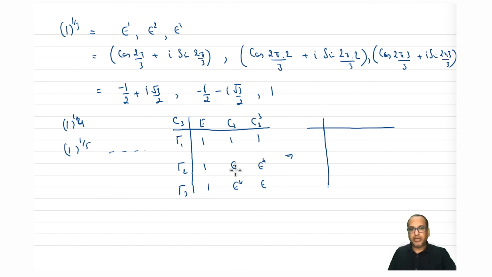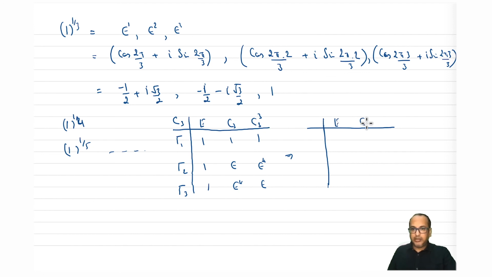Because now here I can write it as epsilon, epsilon square, epsilon cube. Now epsilon cube will be equal to 1, epsilon square will be equal to epsilon star, and epsilon will remain as epsilon. So this is now very easy. So given the understanding that you have now, without doing all the calculations, you can simply write down the character table of any given IR representation, right?